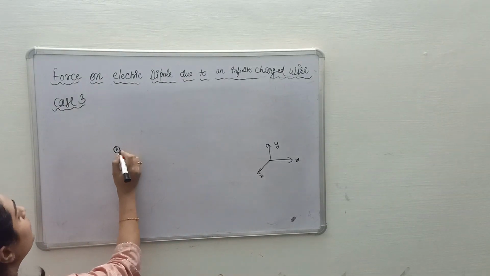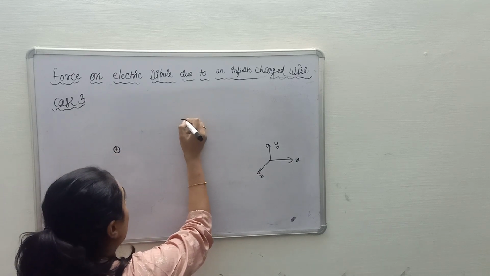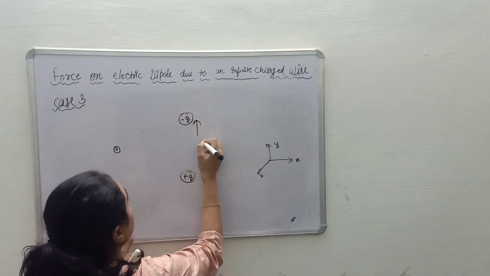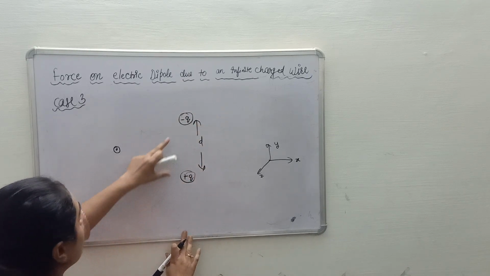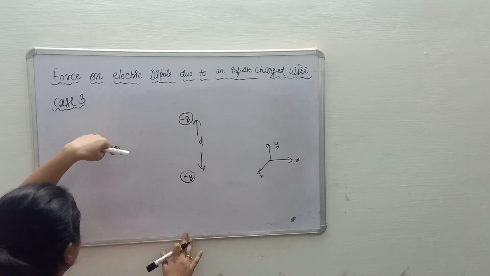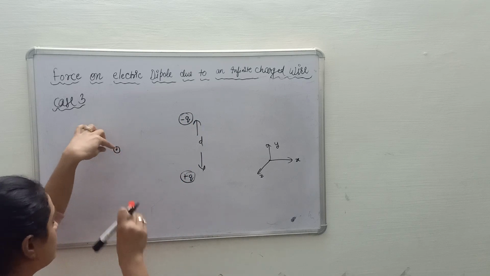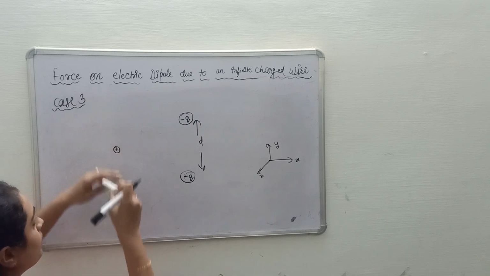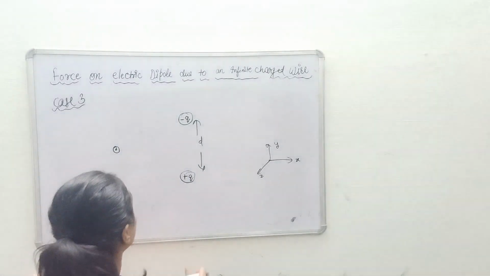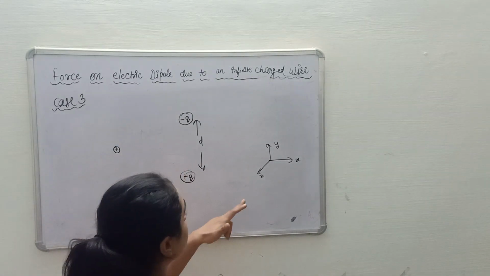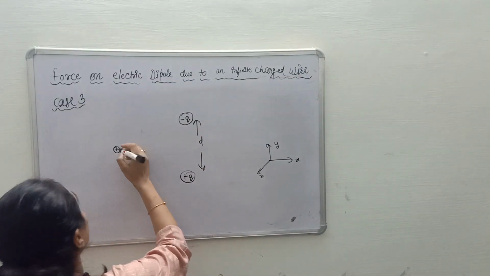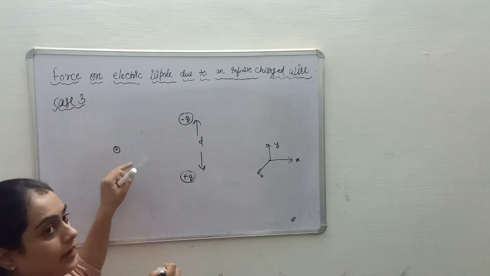Okay, so the dipole is now minus q and plus q here, and obviously the distance between the charges is d. The orientation of the dipole is in the plane of this board, and the orientation of the wire is perpendicular to the plane of this board. So these two are perpendicular to each other. Now check what force acts in this condition on the dipole. Here we can see it is a positively charged wire, right?